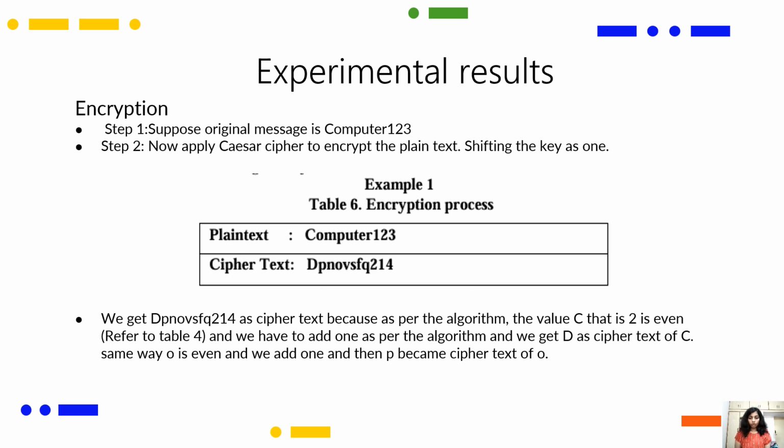According to that, for the C we have the integer value 2 in that table, where 2 is even. So since 2 is even, we have shifted the letter by 1, and we have to add 1 as per the algorithm here. We get D as the cipher text of C. The same way O is even, and we get P as the cipher text for O.